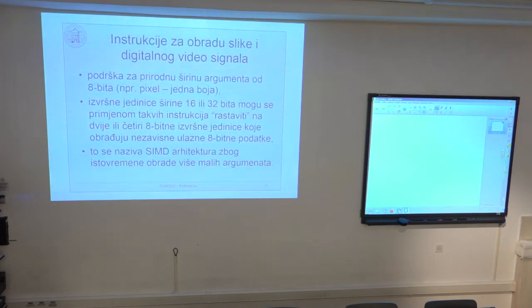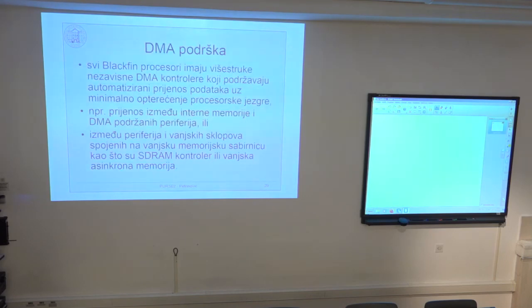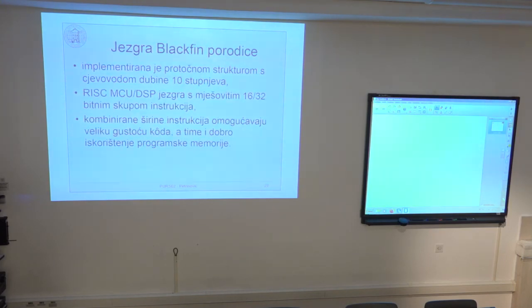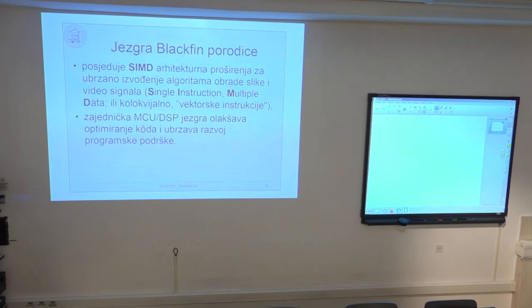Okay, what else can we say? Let me check. It says here, it has this single instruction multiple data concept. It means that in a single instruction I can perform the same operation but over a vector of input data.